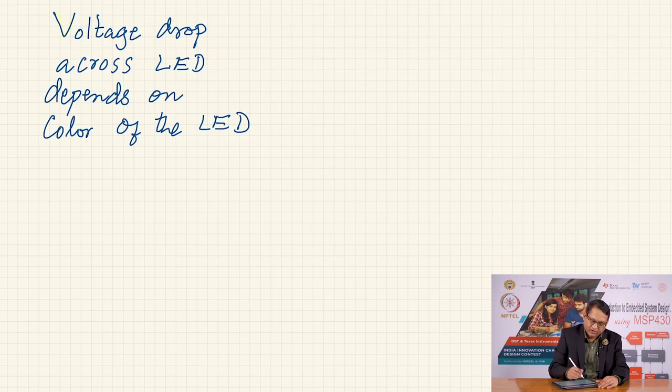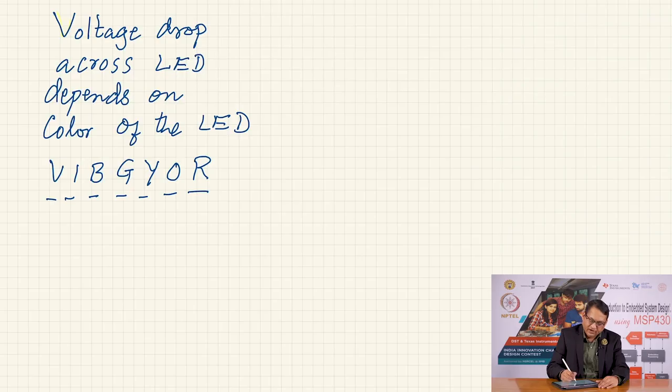We have the entire range of LEDs available, which emit different colors. You might have a red colored LED, you may have orange, yellow, green, blue, indigo and violet.